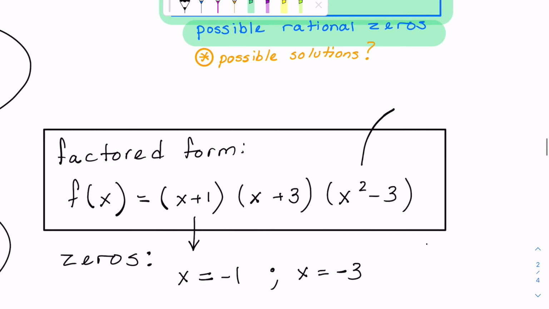X squared minus 3 equals 0. We get x squared equals 3, of which we take the square root, and we get x equals plus or minus the square root of 3. This is an irrational zero.